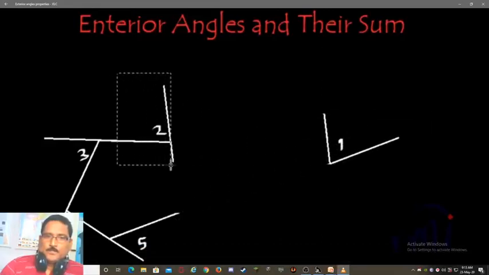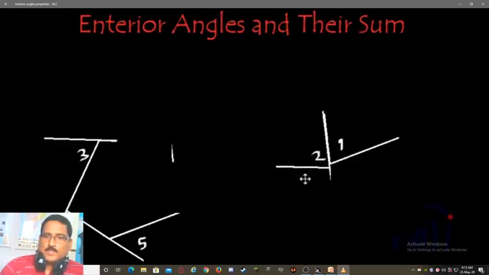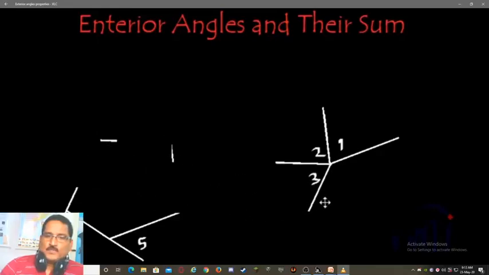First angle we are placing, and second angle I'll cut at that point and assemble it in such a way that their vertices meet, right? Let me erase this extra line which we have now got. And cut the third angle, paste it at this point again. I'll assemble it in such a way that their vertices coincide at one point, right? And now it is the turn of angle number 4.